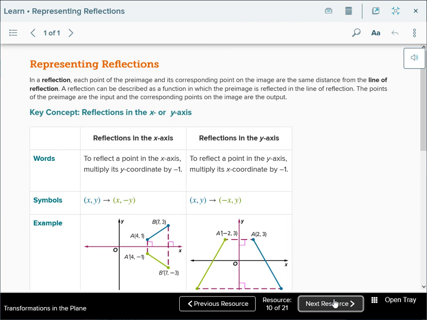Representing reflections. Fill in what you need to fill in on this.